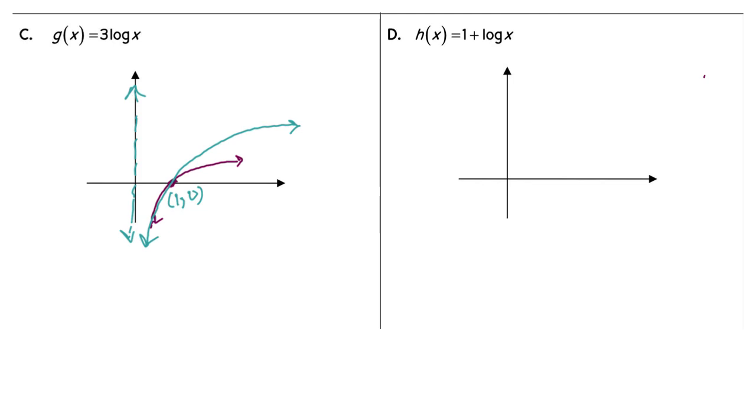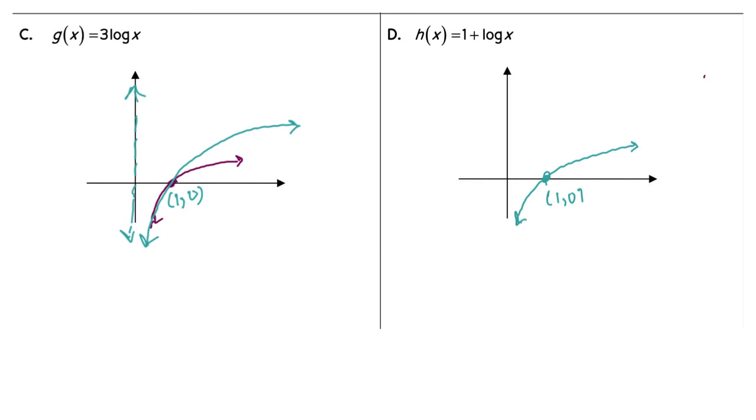All right, and so 1 plus log. So here's our logarithm. And here's your 1, 0. But now we've got 1 plus. So that 1 plus is going to move this all up 1.